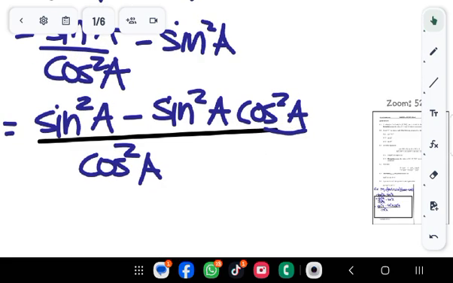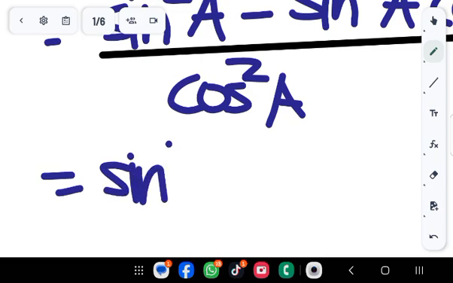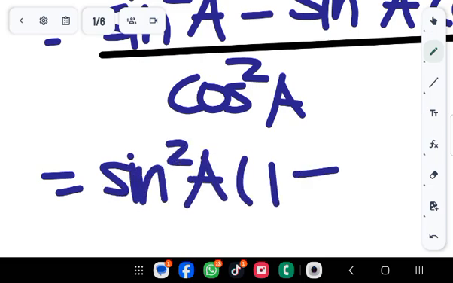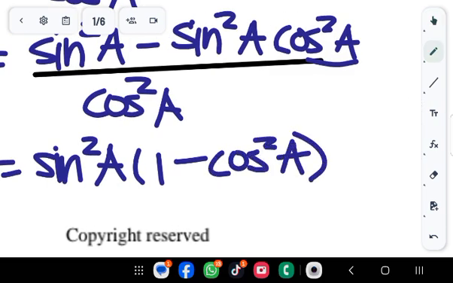The common factor is sine squared A. That leaves us with 1 minus cos squared A over cos squared A.